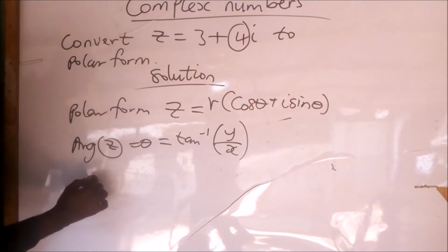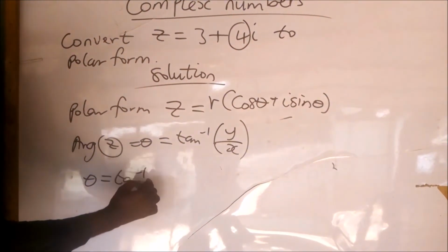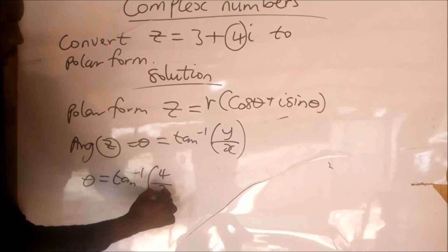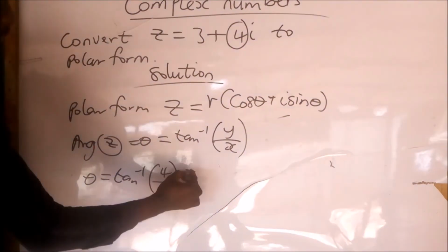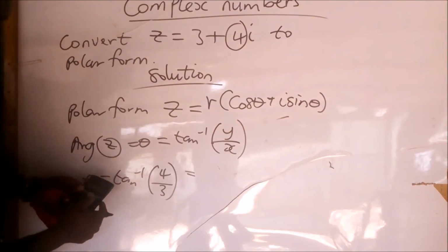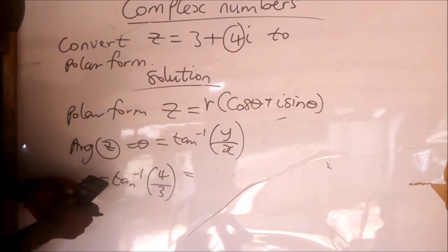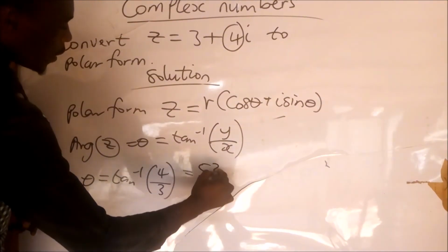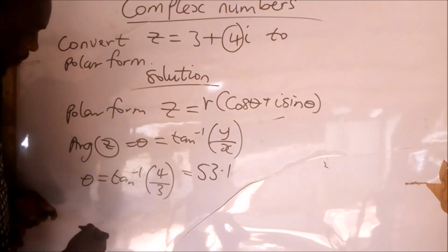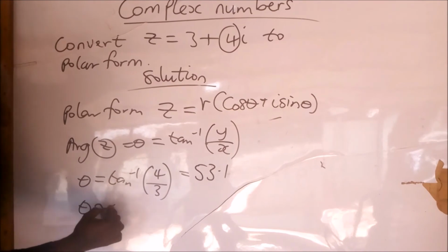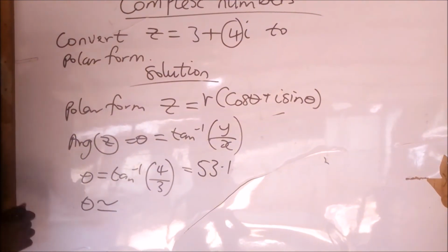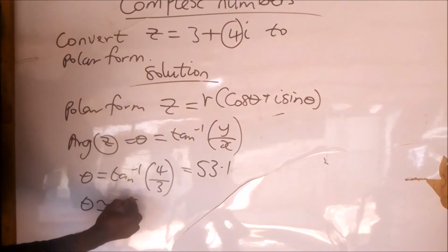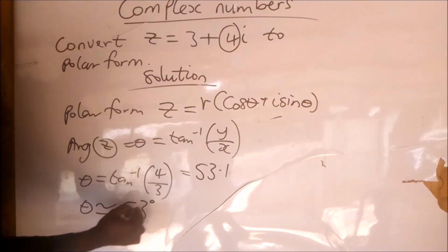So we now say that theta is equal to tan inverse of 4 all over 3. And tan inverse of 4 all over 3 is going to give us 53.1, which when we approximate to nearest whole number, we are going to have that argument is equal to 53 degrees.